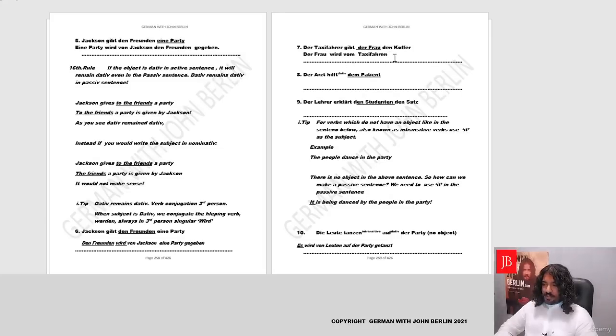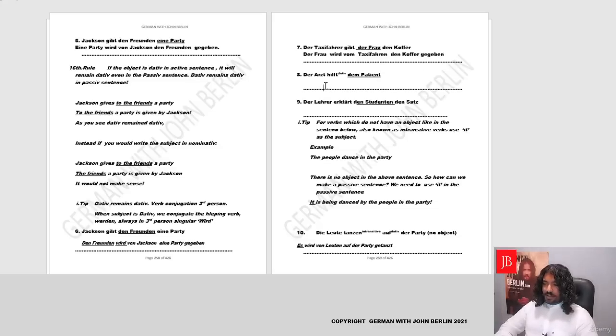What is being given? The suitcase, that's accusative. It will remain accusative. Den Koffer. Der Frau wird vom Taxifahrer den Koffer. To give is geben. In perfect, you add a GE and end it with EN, in this case it remains like gegeben.